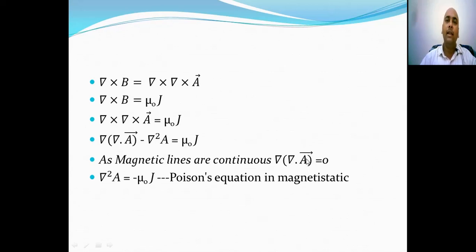That is, the net flow of magnetic field lines across a surface is equal to 0. So that is why we can write del dot A is equal to 0. Ultimately we obtain that del square A is equal to minus mu naught J, which is called Poisson's equation in magnetostatics.